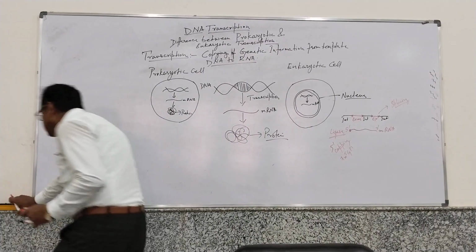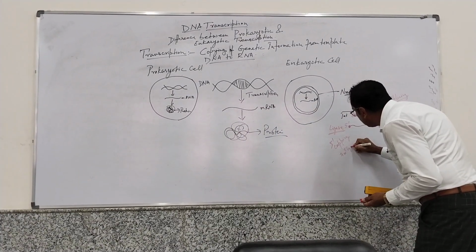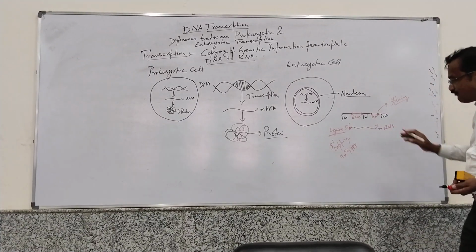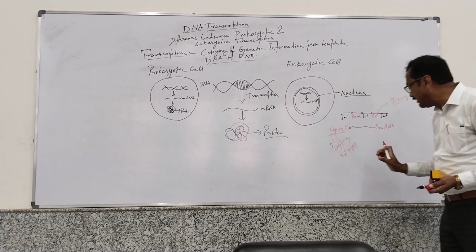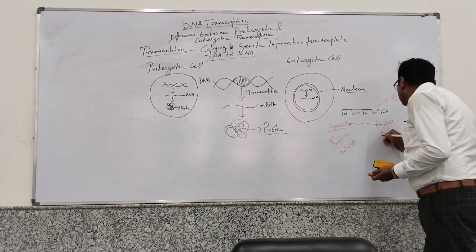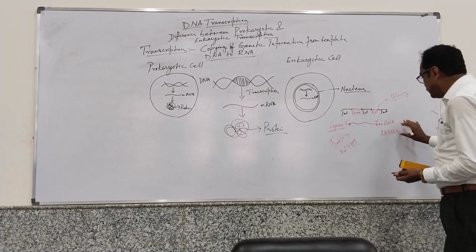This is the form. The 7-methyl guanosine triphosphate cap is there on the 5 prime end, and on the 3 prime end there are multiple adenine residues.